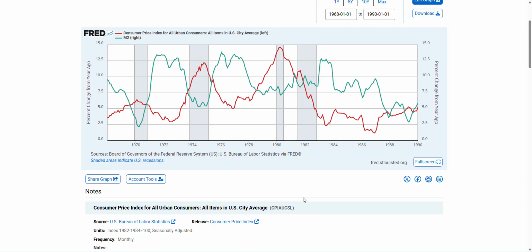We have money supply peaks. Putting money into the economy, printing money, is inflationary. So in the early 70s, we put a lot of money into the marketplace, and we ended up with rising inflation.